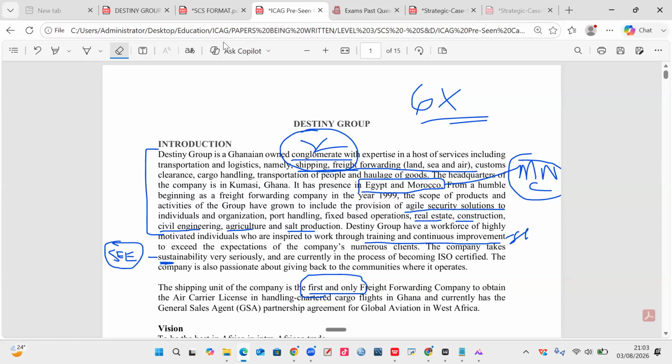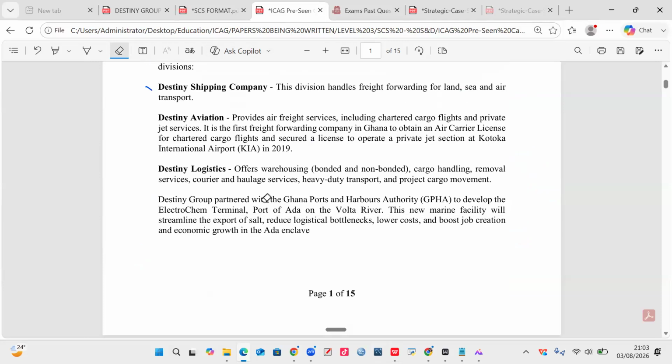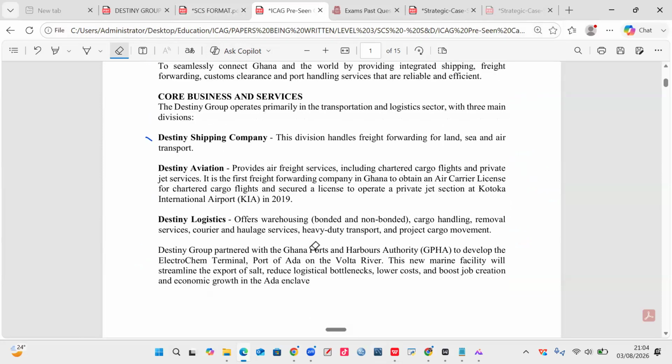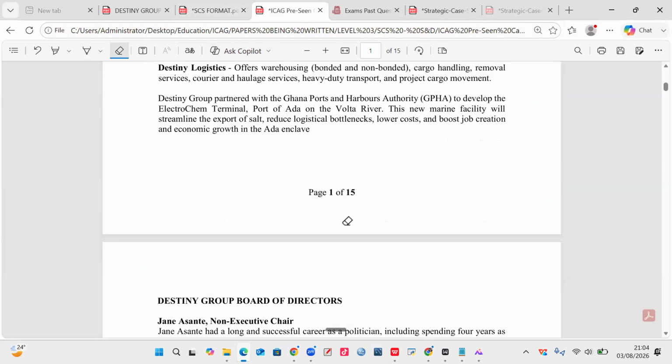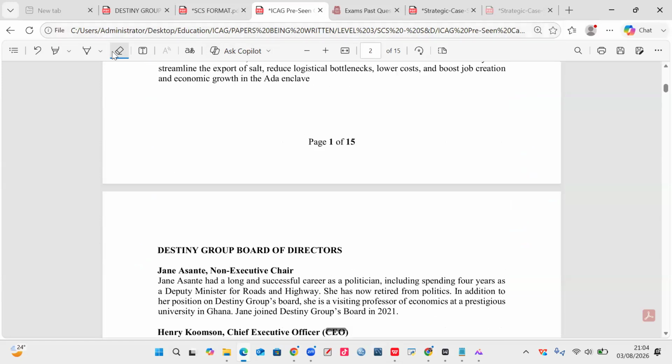Let's say one of the questions was on Herzberg's theory. Let's say that's a question I want to answer. It says that using Herzberg's theory, analyze, and the case is about the board of directors. So you can see here, it's about a board.